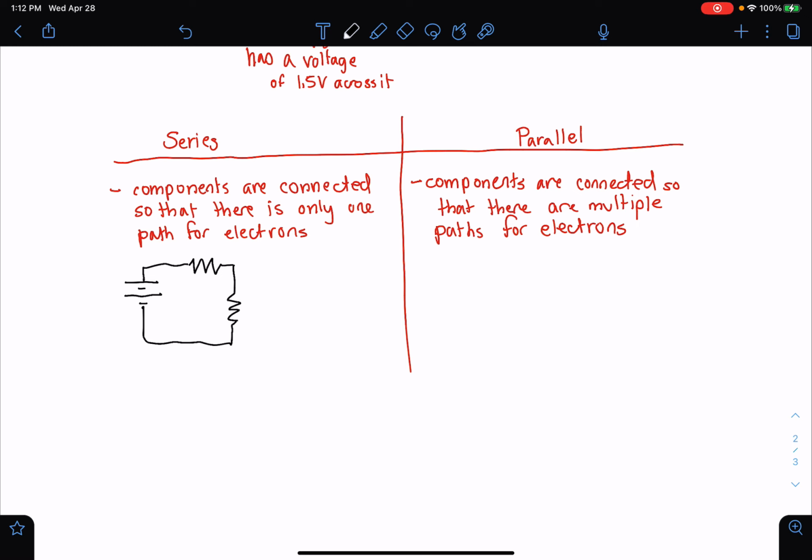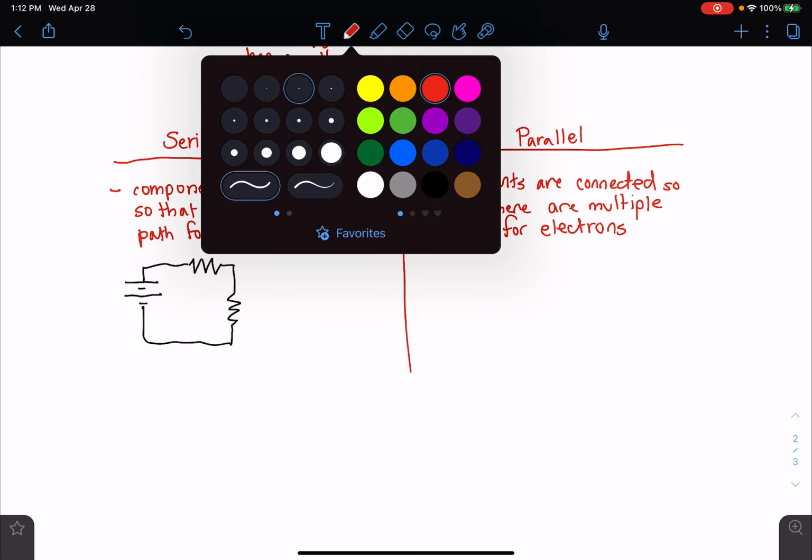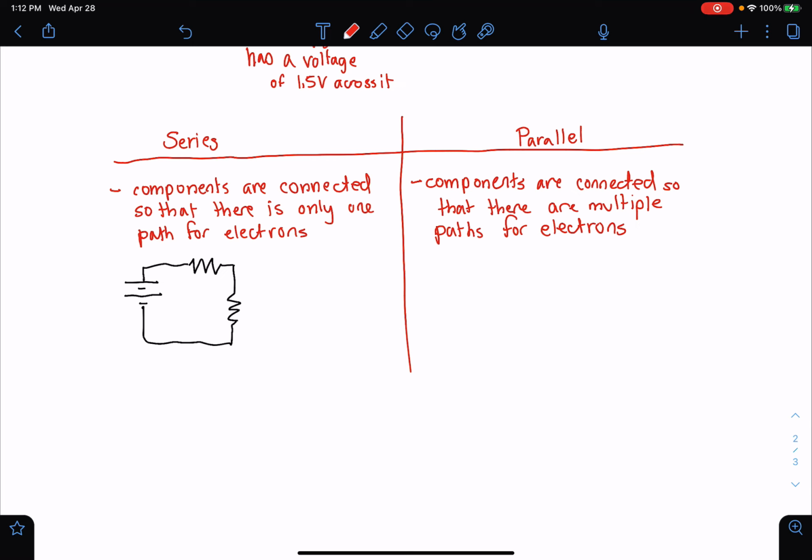Okay? So you can see here that there is only one path for the electrons to follow. They're going to be going technically this way, the way I have it drawn. They're going to go around the circuit, but there is only one possible path for them to reach the other side of the battery. Okay, so it's just one simple closed loop.